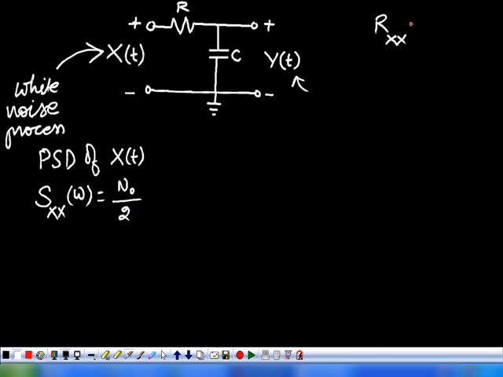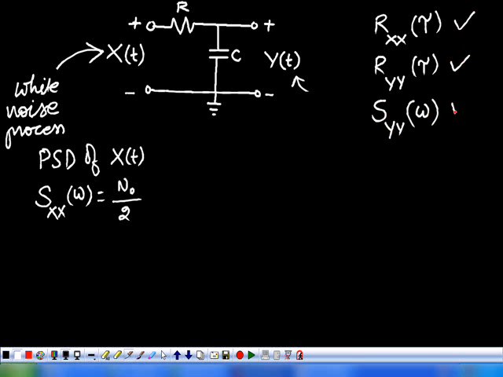You have to find the autocorrelation of the input, the autocorrelation of the output, and SYY of omega. You have to evaluate these. So how can you do this? Is it an LTI system?